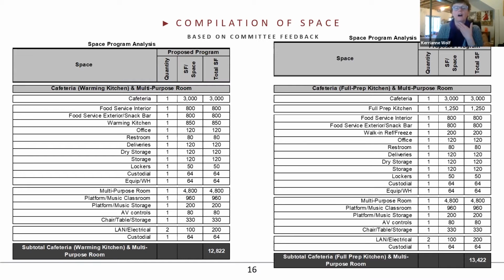And again, a lot of these quantities and square footages are determined based on the enrollment of the facility and California state code. In addition to the cafeteria space, you'll see at the bottom that we have a multi-purpose room that also has an adjacent platform, which would be used as the music classroom, and then some spaces to support that, like music storage and AV controls.